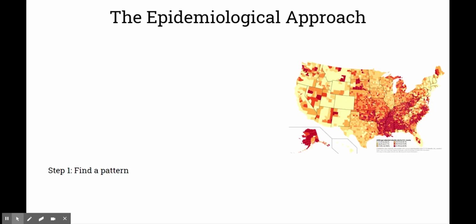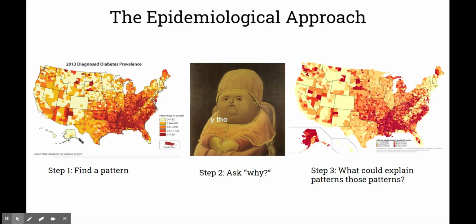So again, this is a fundamental part of the epidemiological approach. It's like Epi 101. And the first step is to find some kind of disease pattern, right? We count up the amount of disease, we count up cases, and then we look for trends, we look for patterns. In this case, it's a map of diabetes in the United States, and we can say, well, the pattern here appears to be that diabetes is more intense in the southern portion of the United States along the Mississippi Delta.